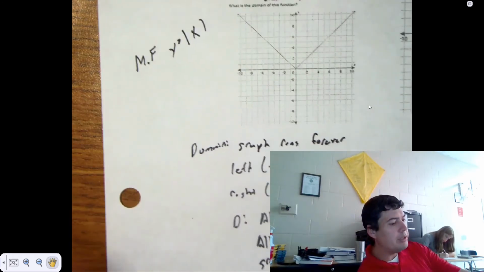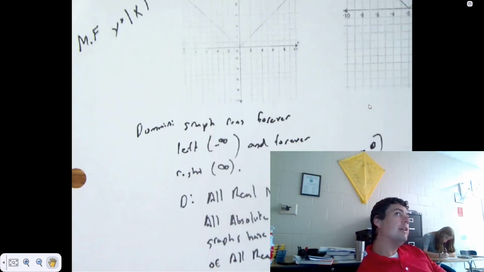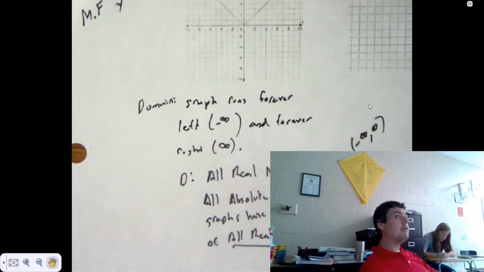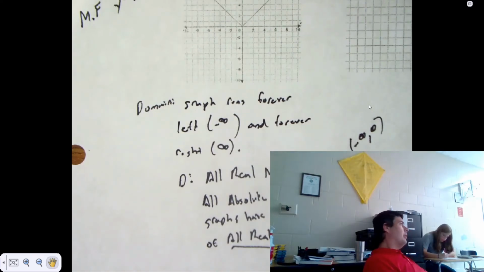There's a notation: x is an element of the reals, or negative infinity to positive infinity. But IXL doesn't say that. IXL says all real numbers. That's not read "all real hashtags," by the way.